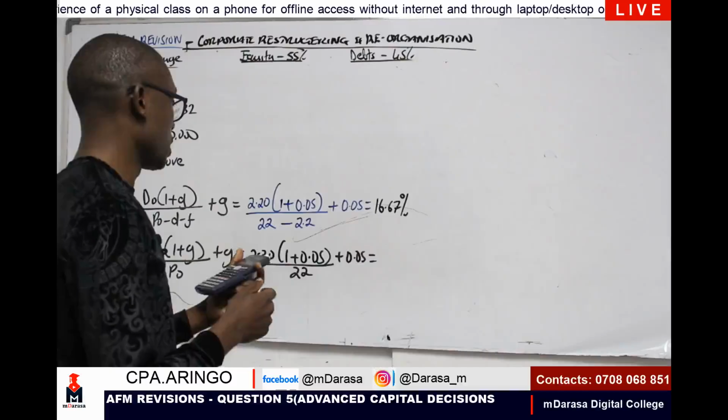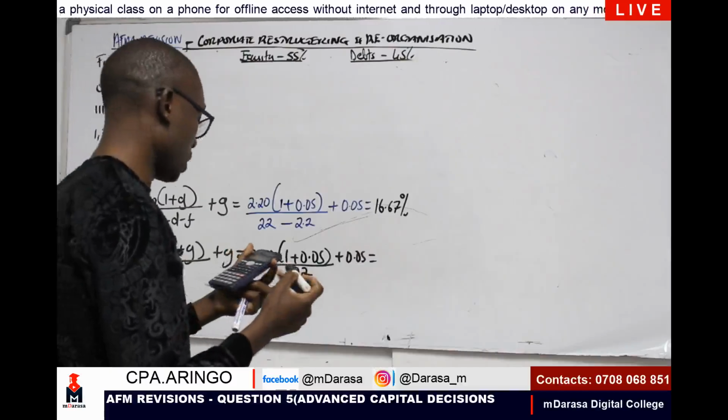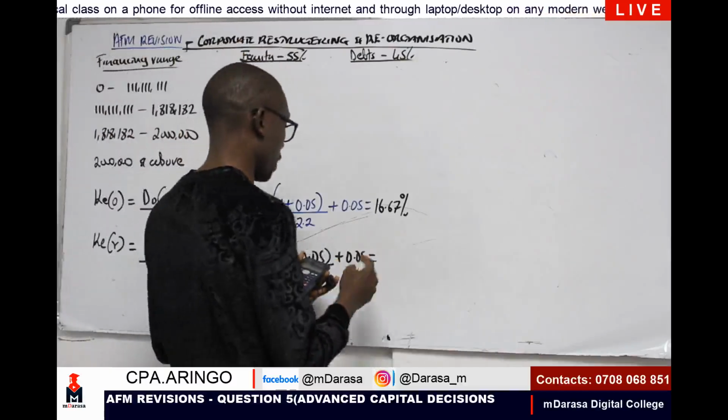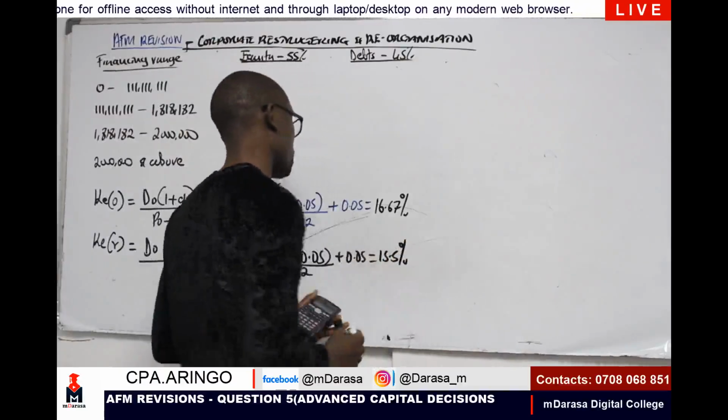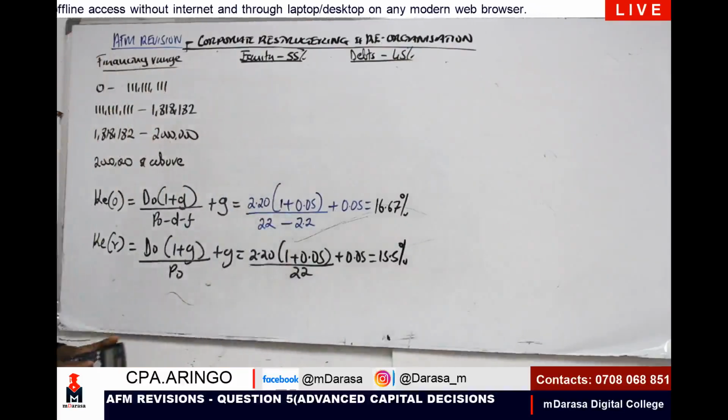In this case, I'm literally getting 15.5%. 15.5%. Kindly confirm with your figures, my good students. Kindly confirm with what you're getting. Mwalimu is getting that value.